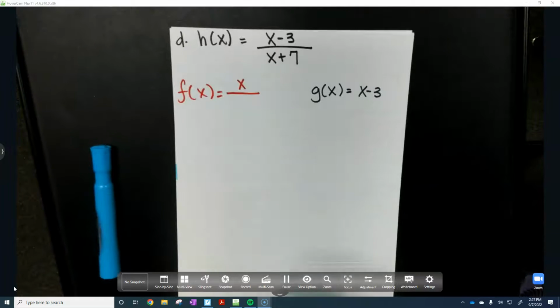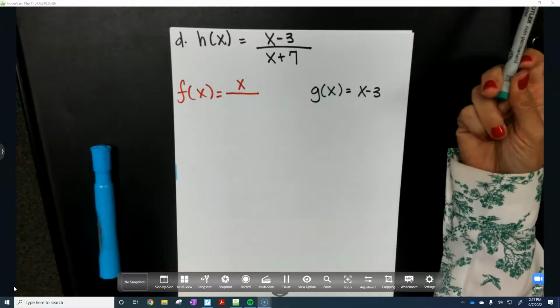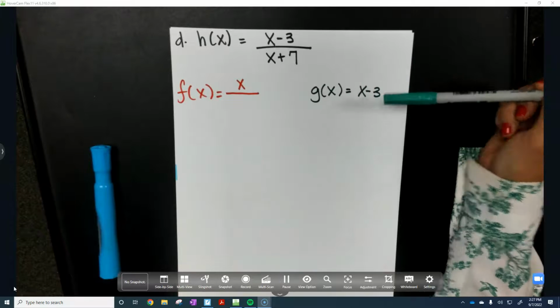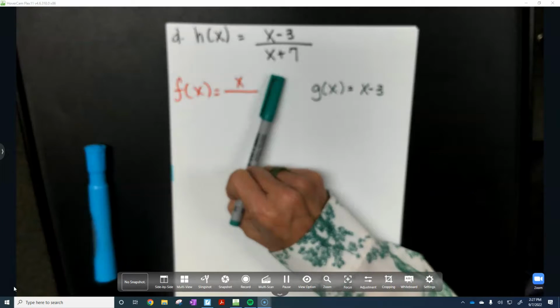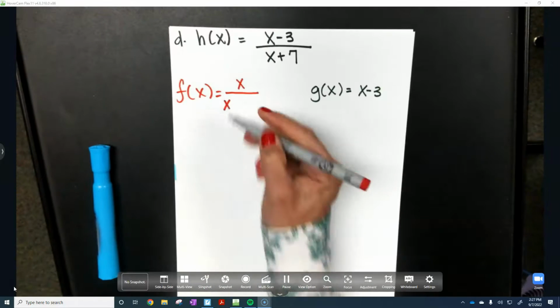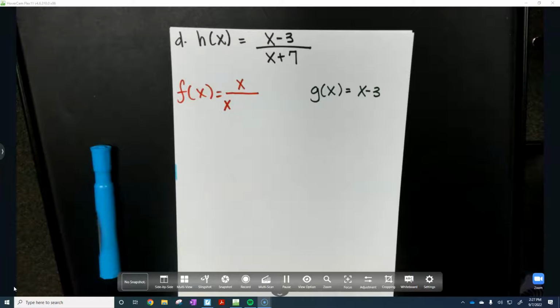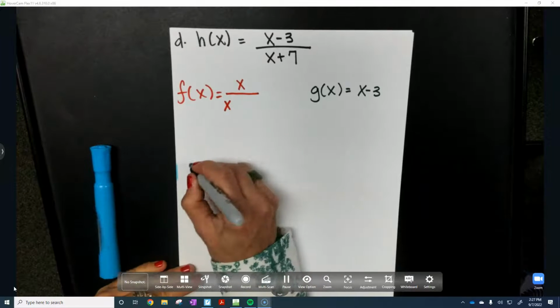The denominator is the hard part. So if you notice, the numerator and the denominator are not the same. If the input is x minus 3 and I ended up with an x minus 7, then there's an x here for sure, but there's also something else because those don't match. So think about what's happening here. We have some fraction.